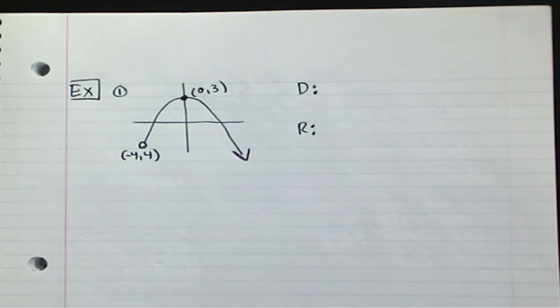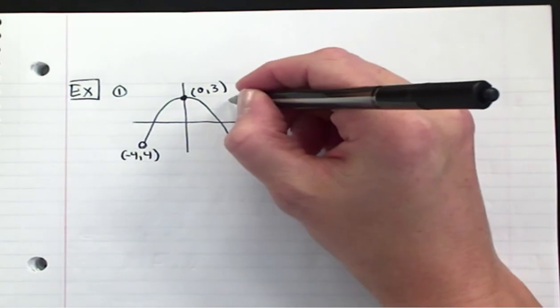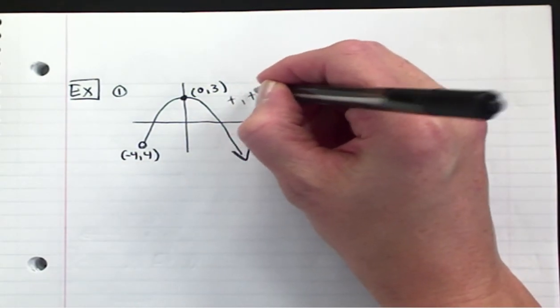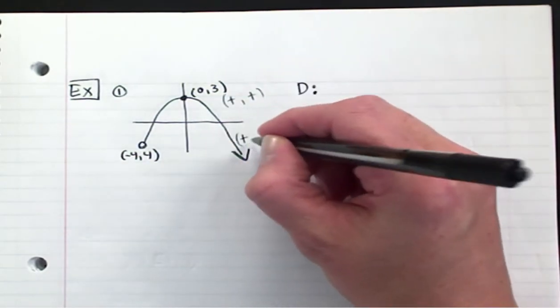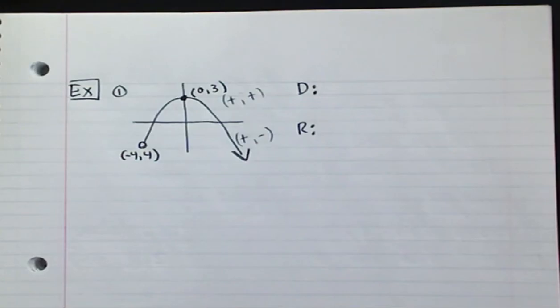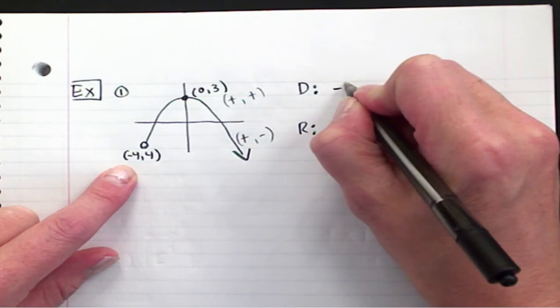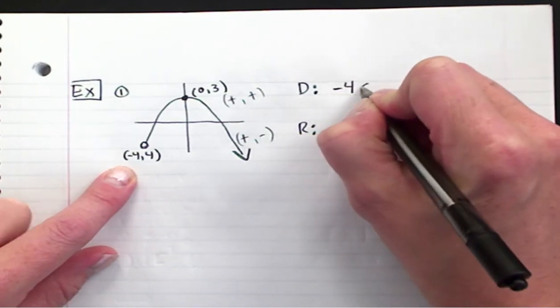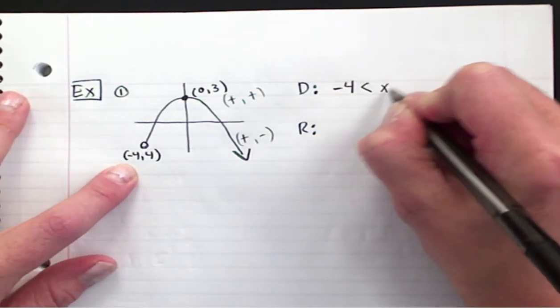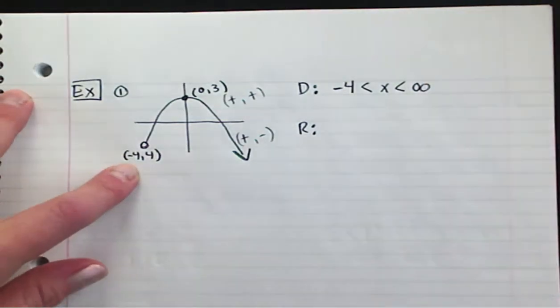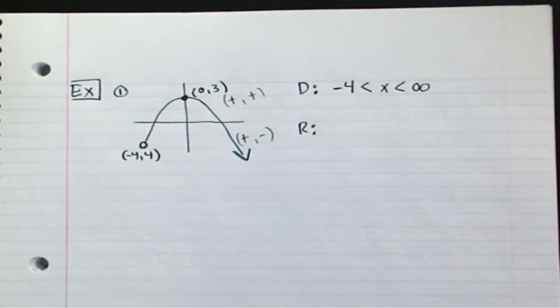Now, Laura said positive infinity. It is positive infinity. Remember when you plot your coordinates that this is a positive x in quadrant 4. That is positive infinity for the domain, which is the x values. So it starts at -4 and stops at positive infinity. Do I have to write it like that? No, I don't need to write the positive infinity.